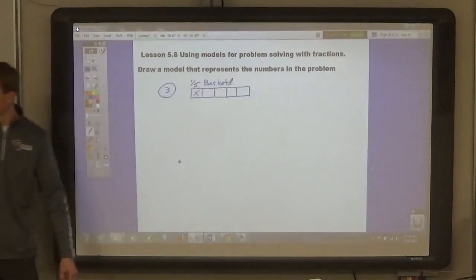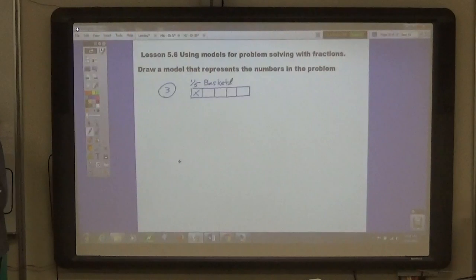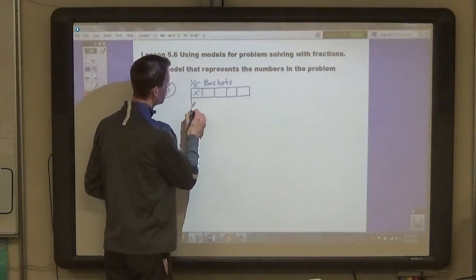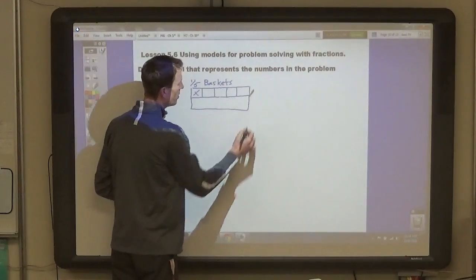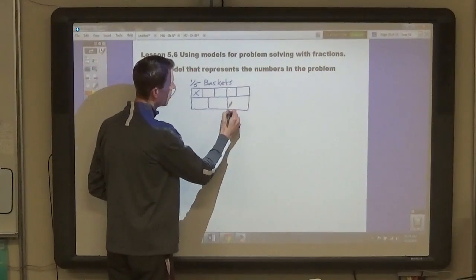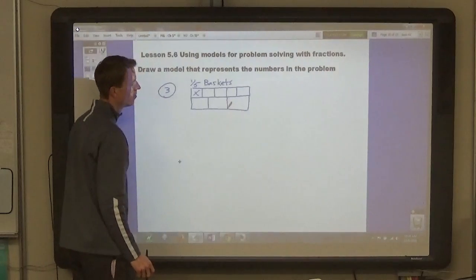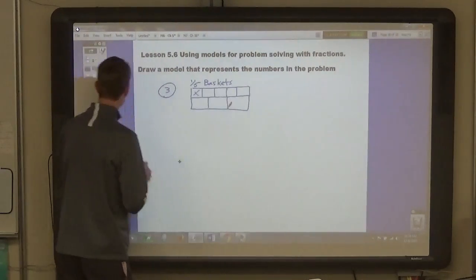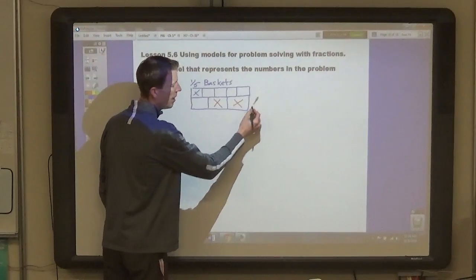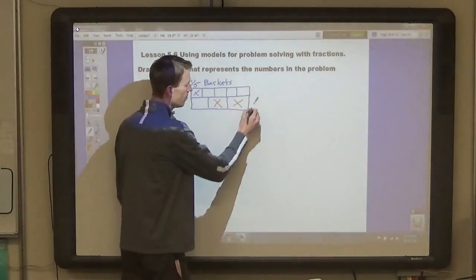Okay? And 2/3 made mats. 2/3 of the entire class. So we're going to have to draw another box which represents the class and make this one 2/3. Okay? 2/3 of the class made mats, right?